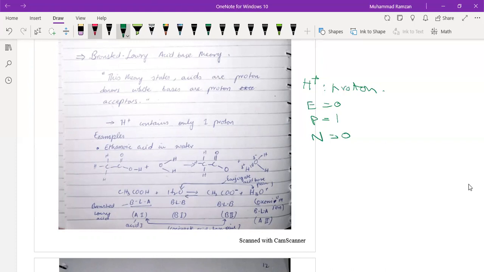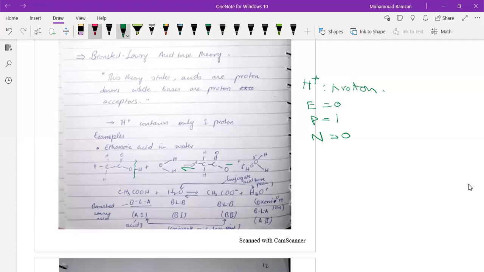Example, you can look at ethanoic acid in water. Can you see the equation? Yes. This is ethanoic acid and the water, and from here the OH bond breaks and it will change into ethanoate, and the H plus that is released by ethanoic acid, O accepts H plus, it will change into H3O plus.